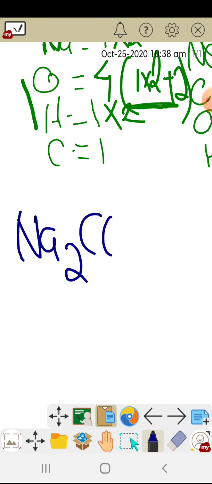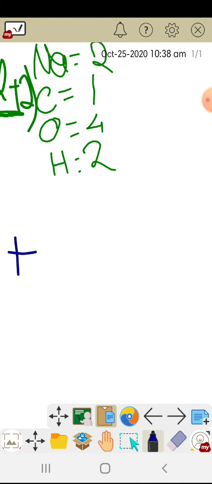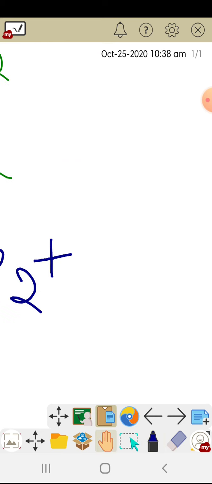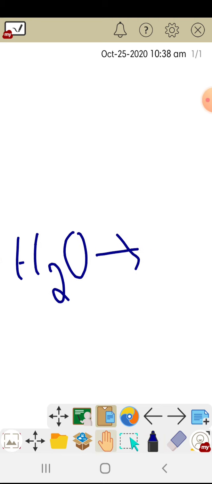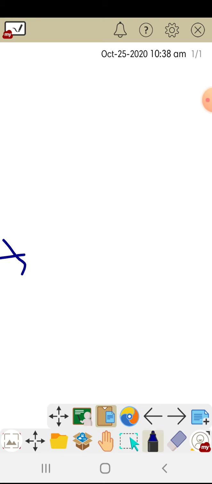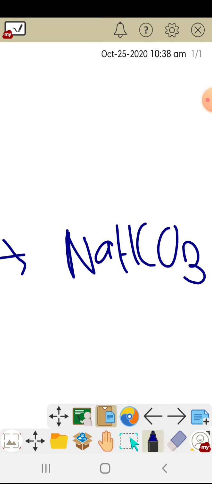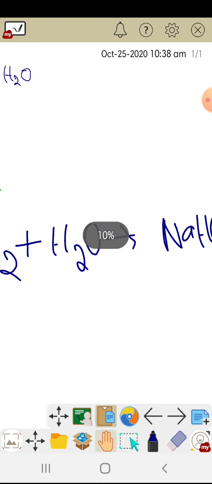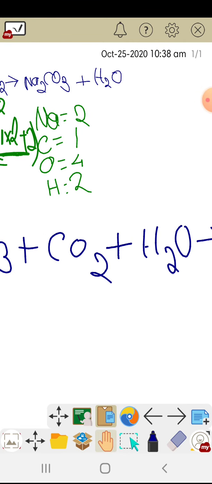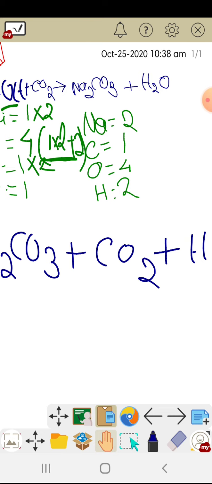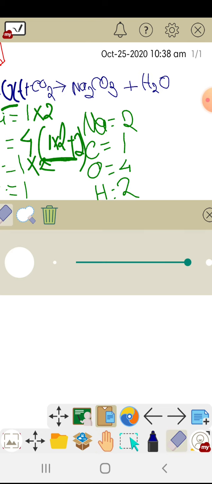Na2CO3 plus CO2 plus H2O arrow gives us NaHCO3. Zooming out. Okay, this cannot be zoomed out more than this. Anyways, just give me a minute, students.